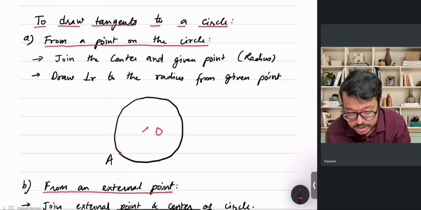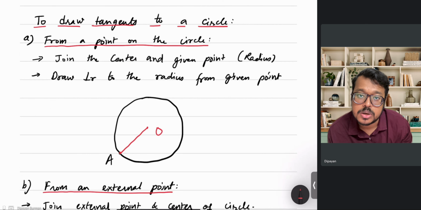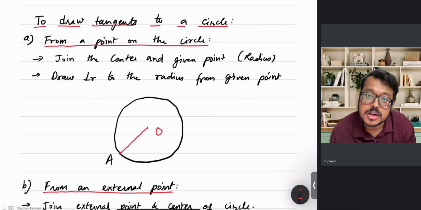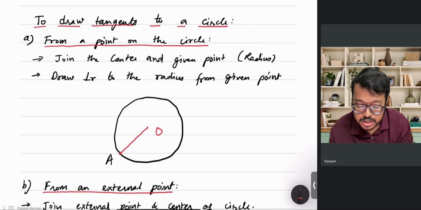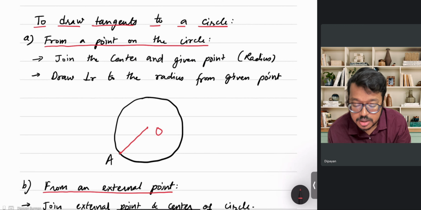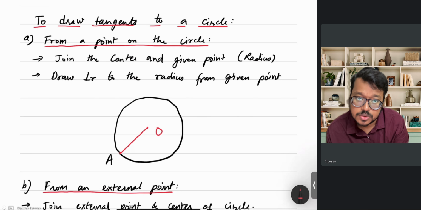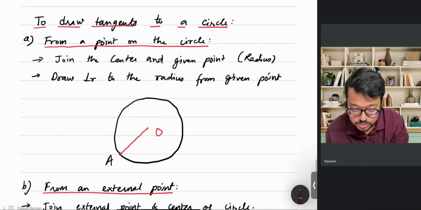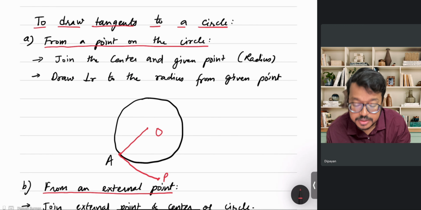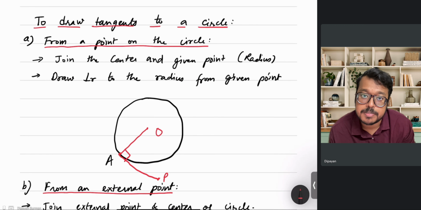Then join OA, and OA is going to be your radius. Now you know that the radius and tangent are perpendicular. So then draw a 90 degree at point A. So draw a perpendicular line to OA at point A, again using compass, and if you are able to do that, and then let's say this is P, then AP is your tangent, which is perpendicular to the radius OA.